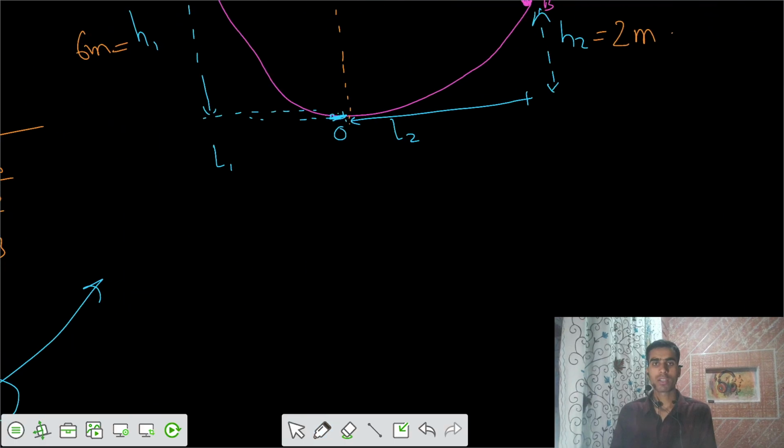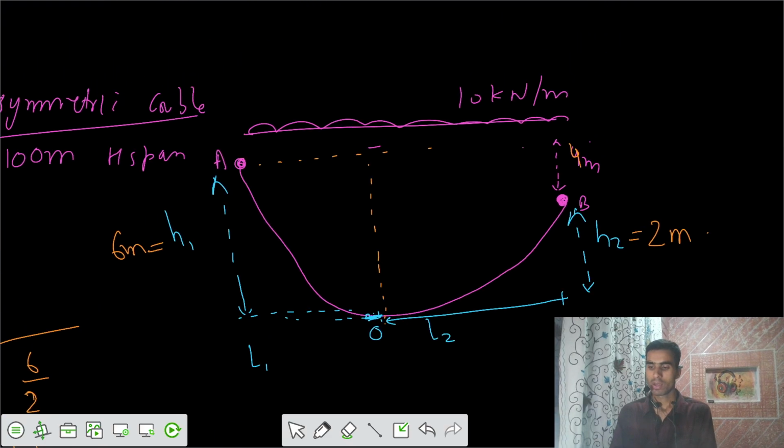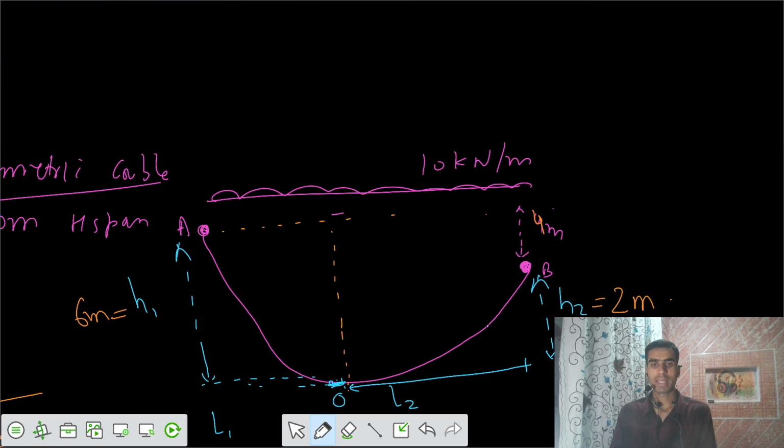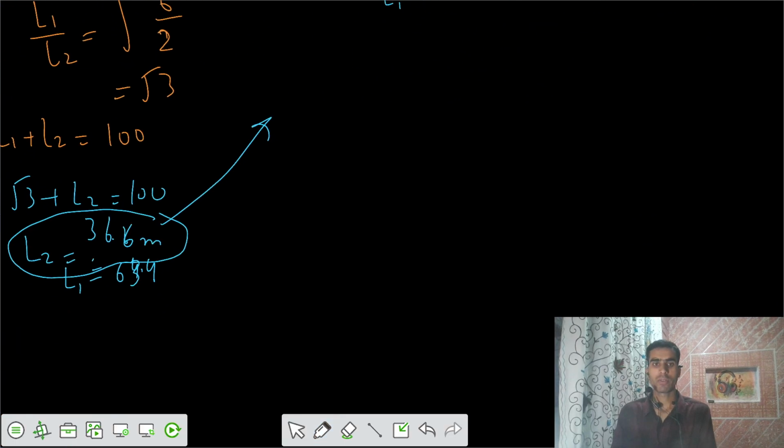The problem is saying that we need to get the horizontal tension and we need to get Tmax. So let's go for the horizontal tension. Do you know the equation that horizontal tension equals WL1 square by 2H1?